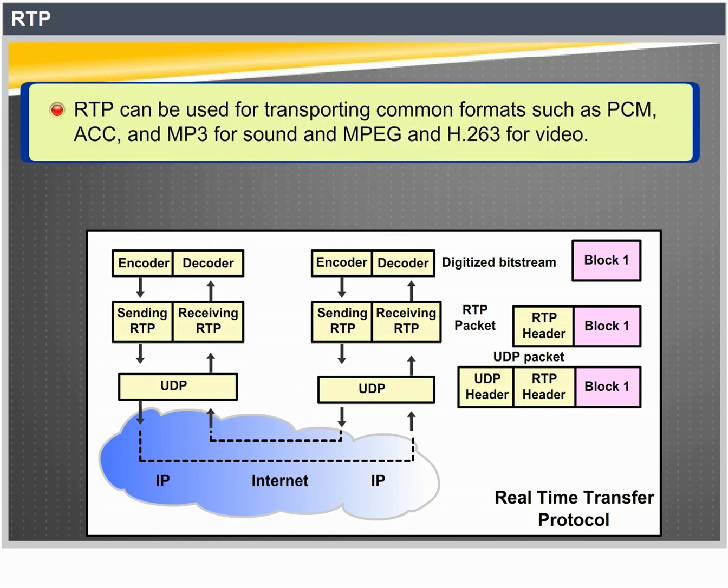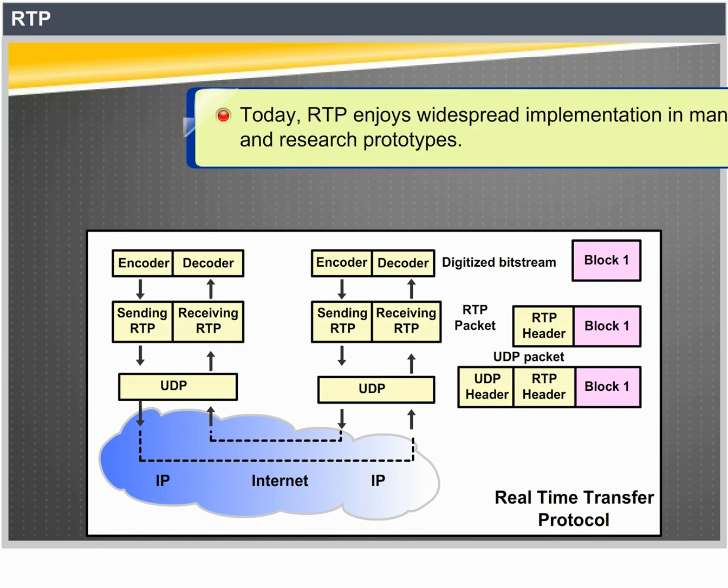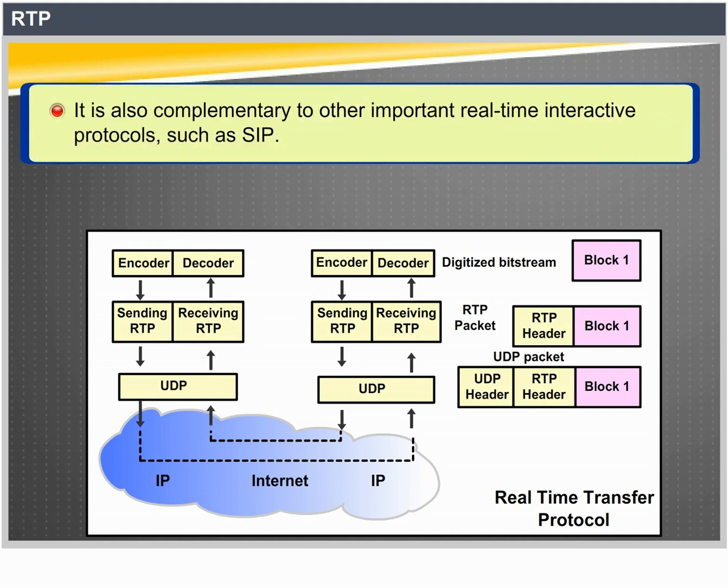RTP can be used for transporting common formats such as PCM, AAC, and MP3 for sound and MPEG and H.263 for video. It can also be used for transporting proprietary sound and video formats. Today, RTP enjoys widespread implementation in many products and research prototypes. It is also complementary to other important real-time interactive protocols such as SIP.